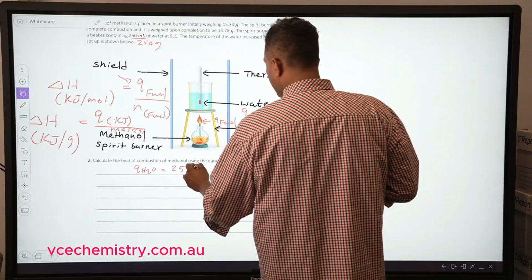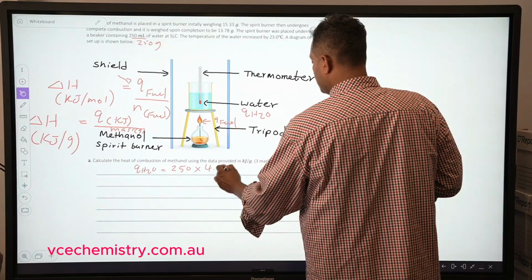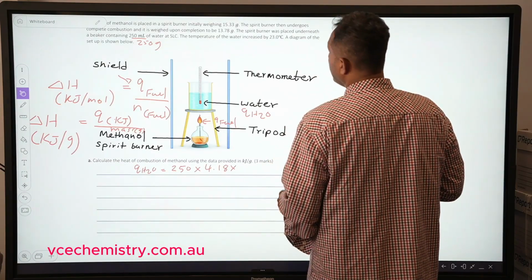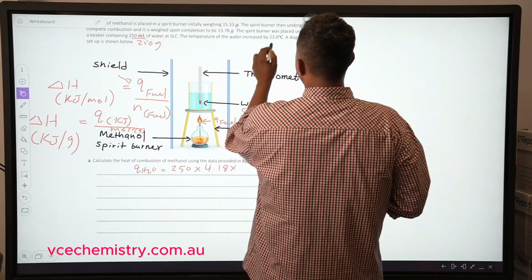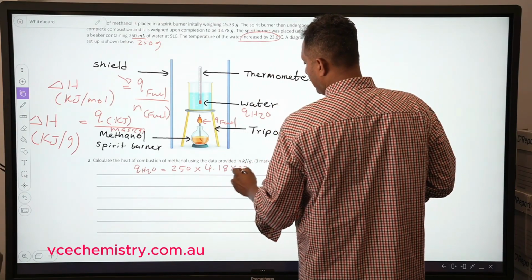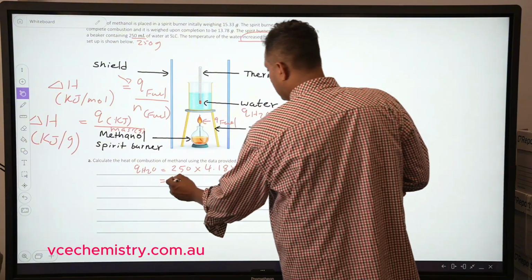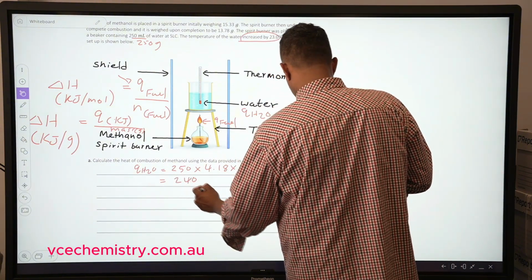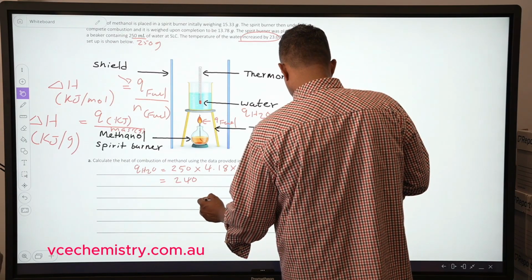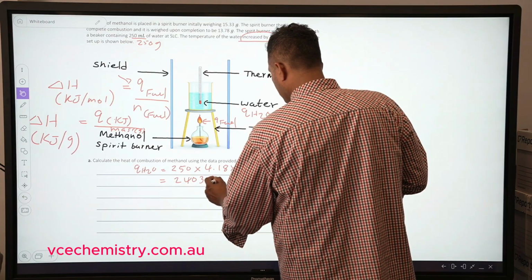Times by what? 4.18, the specific heat capacity. The temperature change is the increase of 23, so 23 goes here. So what is that value? You got the value as 24035 joules.